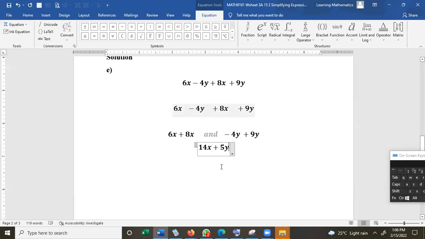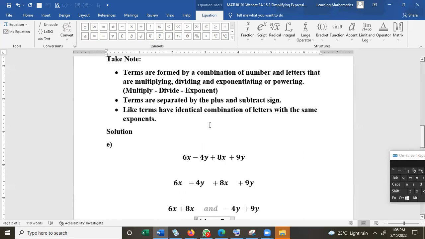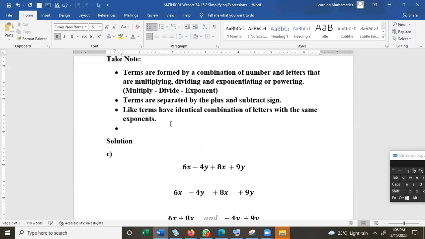And these are the like terms grouped up. And you can just simply add and subtract the coefficients, meaning number in front of the letter. You can even add this here as a take note, coefficients. Because that's a term you can add to your vocabulary when talking about expressions.